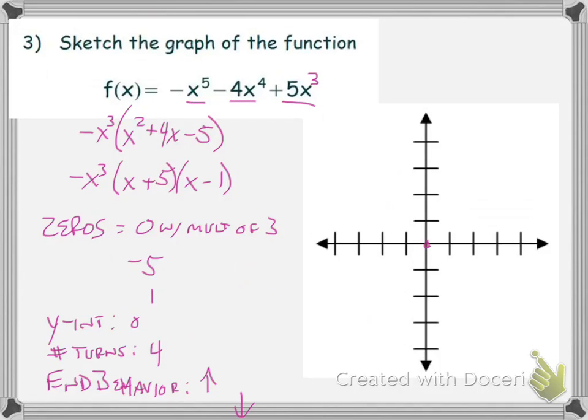So I'm going to plot my zeros. That's my 0 and y-intercept there. -5, I draw another point there, and positive 1. And then my arrows from this point, it's going to be going this way.